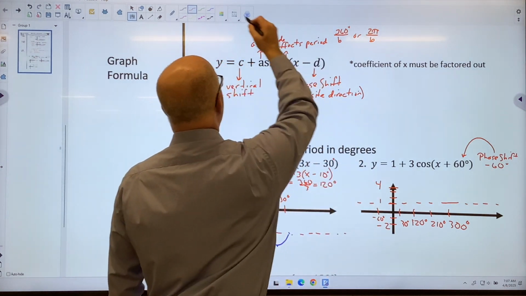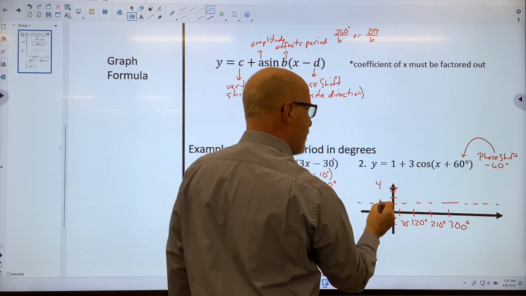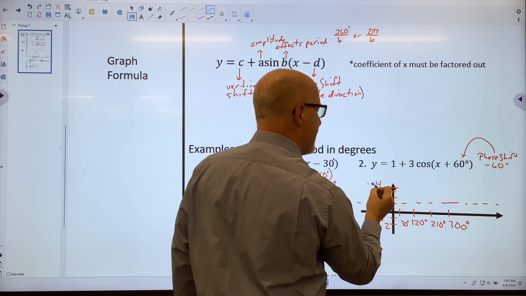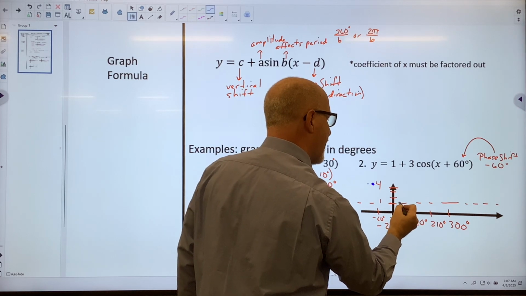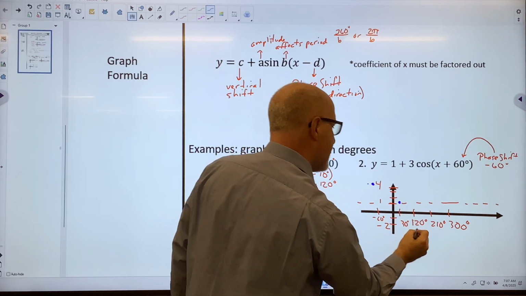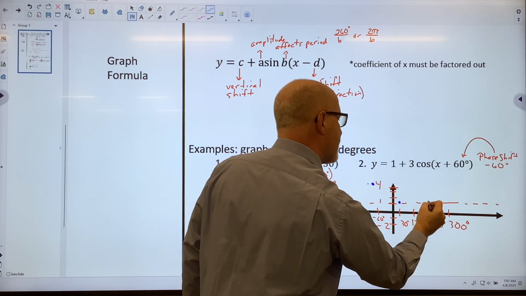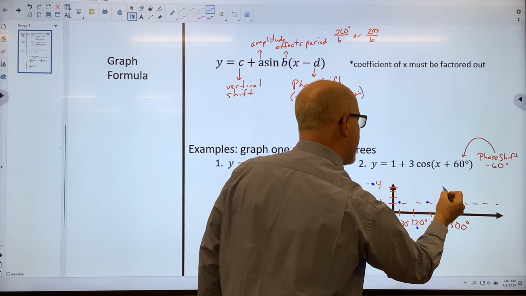Now, let's go ahead and draw our graph. So we start our graph here. For cosine, we start up at the top of the amplitude. So I'm going to start my key point up here at 4. The next one will go through the midline at 30 degrees. Then I go down to the bottom point at 120, then through the midline again, and then up to the top point here.